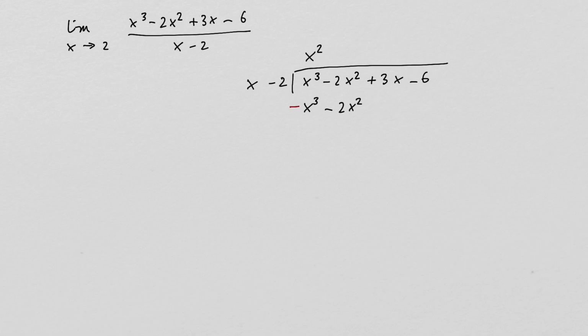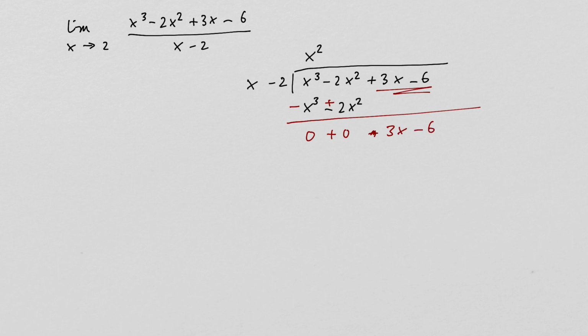Then we change the signs and we calculate this addition. x cubed will disappear, minus 2x squared will also disappear, and we can drop this one down here. We will get this factor like this.